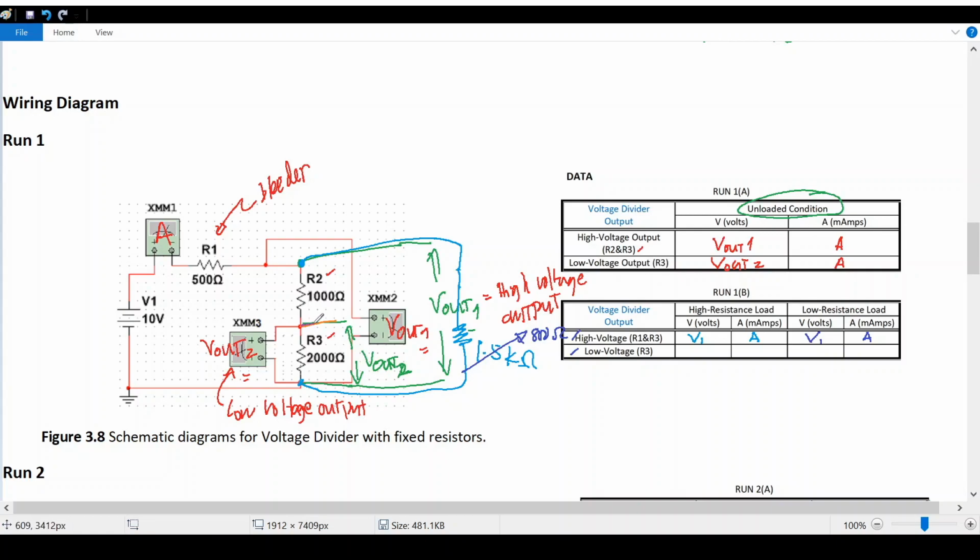We shall connect here. Across the kilo ohm, of course you have to open.